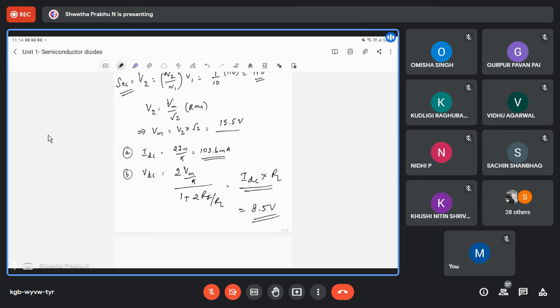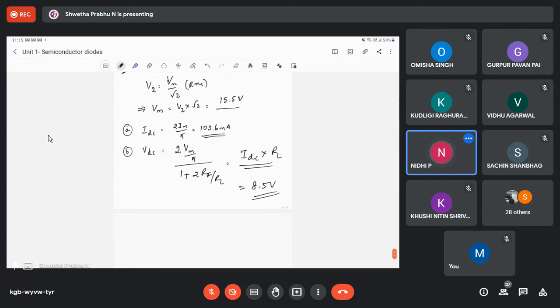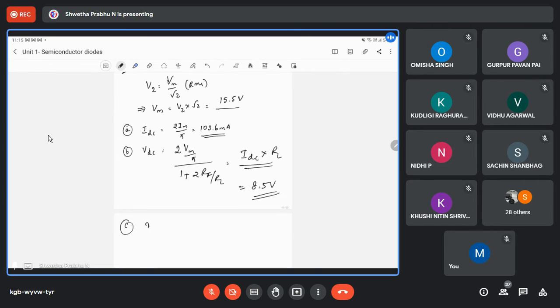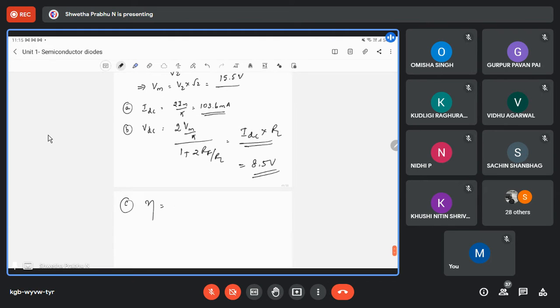So VDC, did you calculate? 8.5 volts you'll get. Yes, ma'am. Shall we proceed? Next is efficiency. Calculate efficiency, that is 0.812 divided by 1 plus 2 times RF by RL.